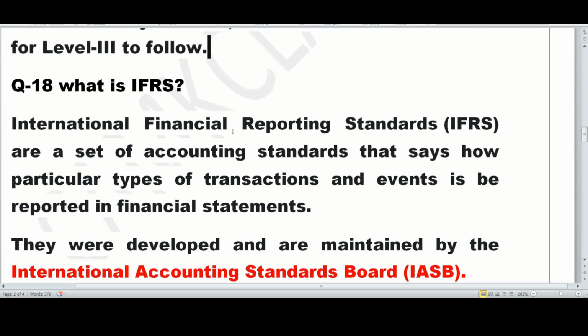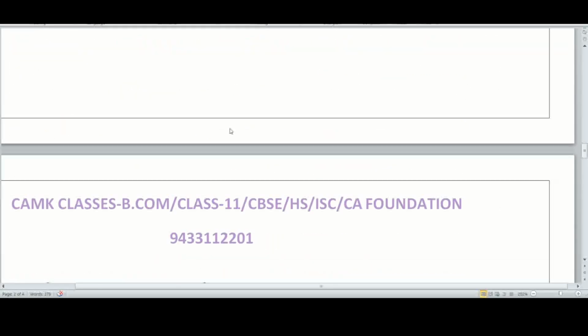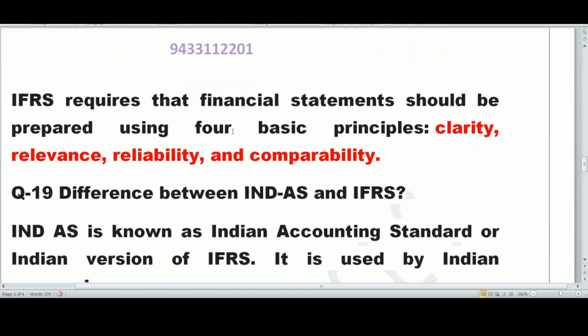These are very important. IFRS are generally followed by a lot of countries at present. IFRS is followed by 144 countries and it is generally followed everywhere.